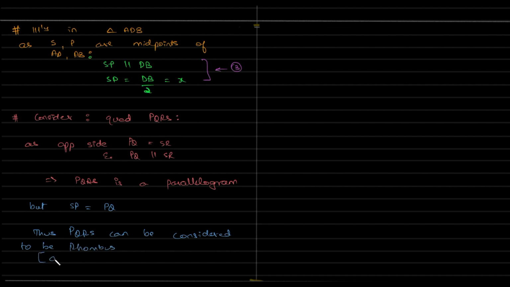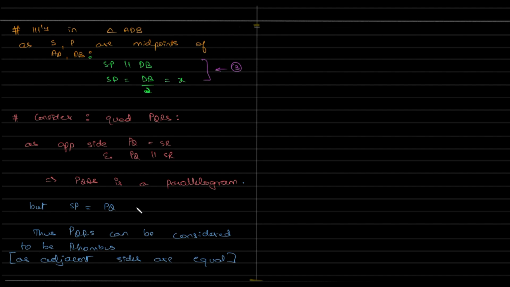Reason: as all sides are equal, is it not? Since in a parallelogram opposite sides are equal, here we just proved that adjacent sides are equal. Okay, so we can write that actually adjacent sides are equal. That will be a bit better.